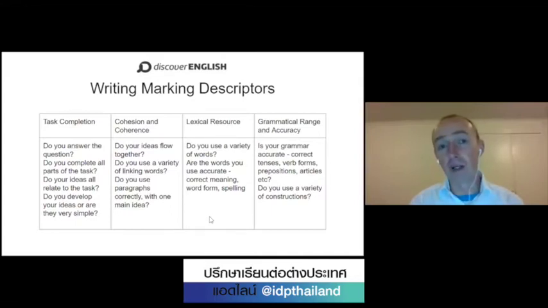If you're only using the present simple or the past simple, because, for example, if it's an explanation or description of something, just the present simple may be correct, but you can mix it up by using passive forms as well as active forms. So variety is quite important there. Those are the writing marking descriptors.